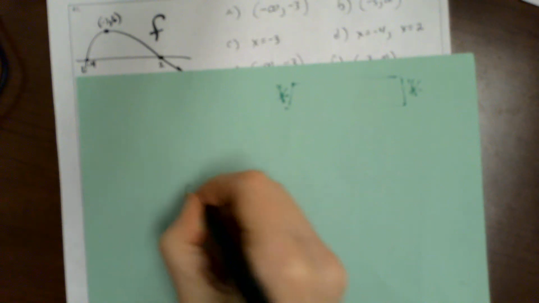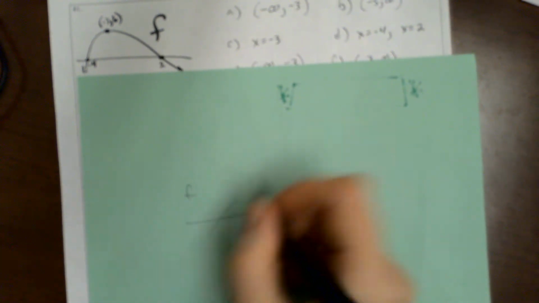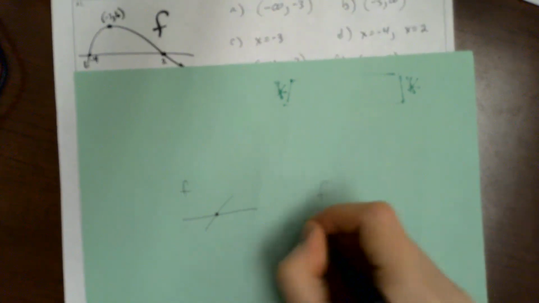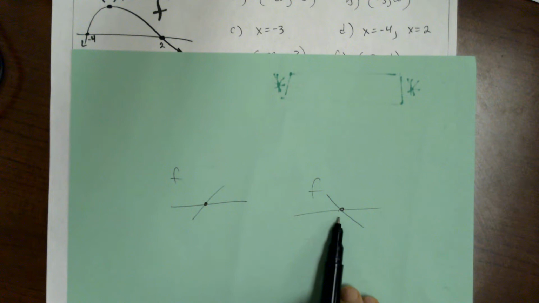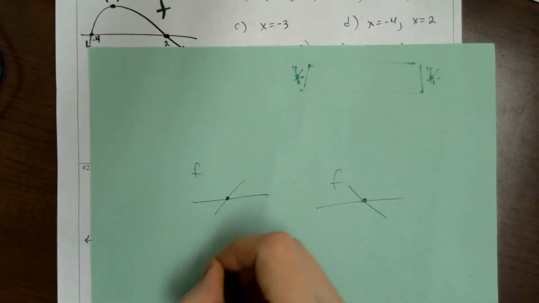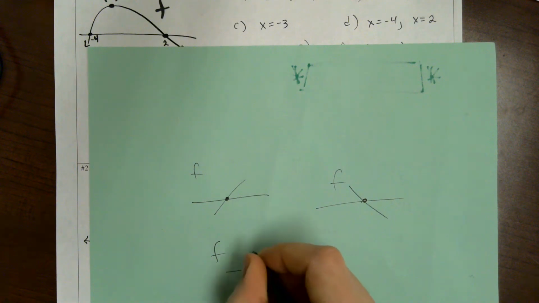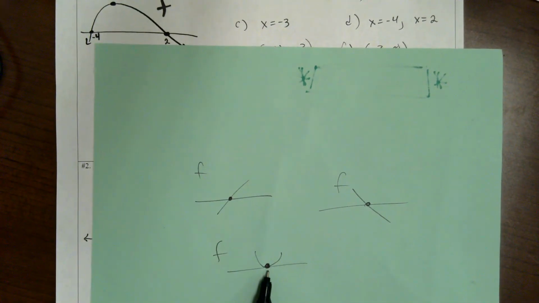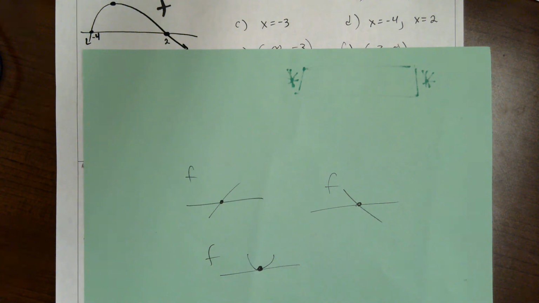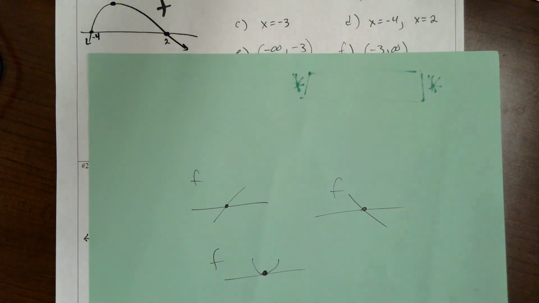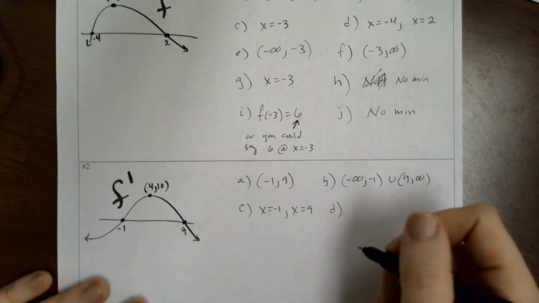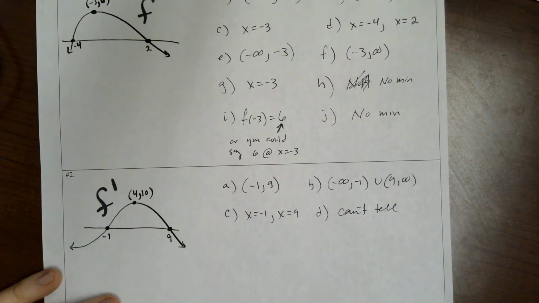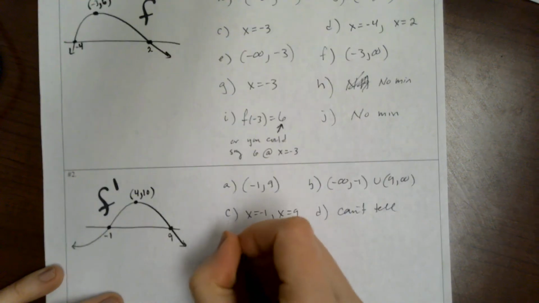Like say that this is F. F is 0 here, but F prime is positive. F is 0 here, but F prime is negative. F is 0 here, and F prime is also 0. So if F is 0, it doesn't mean anything about F prime. There's really nothing to say, so we could just say, can't tell.